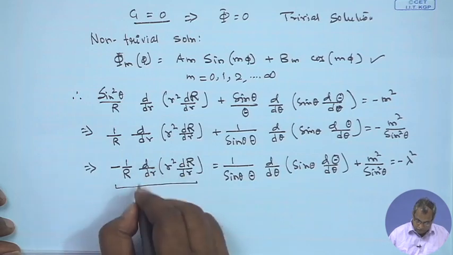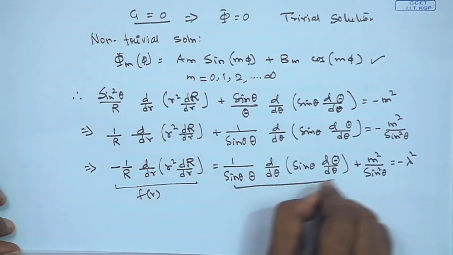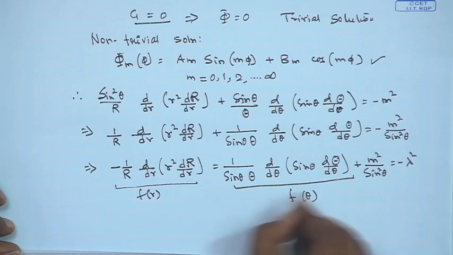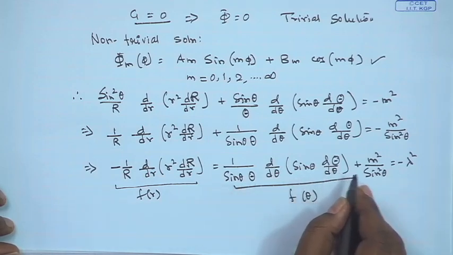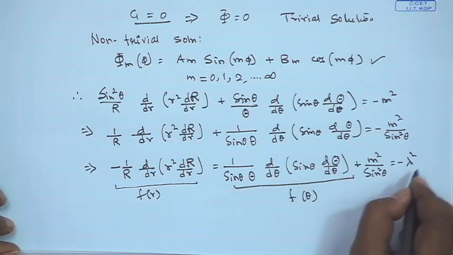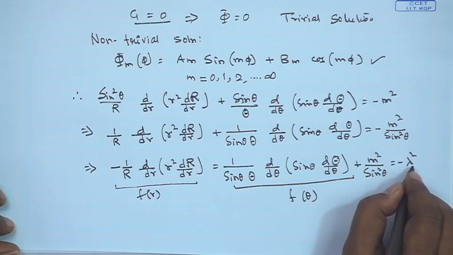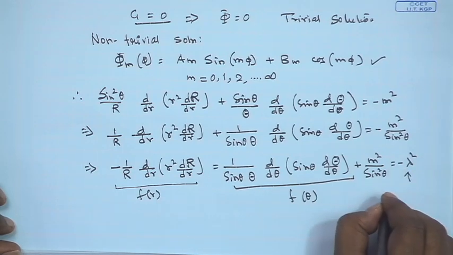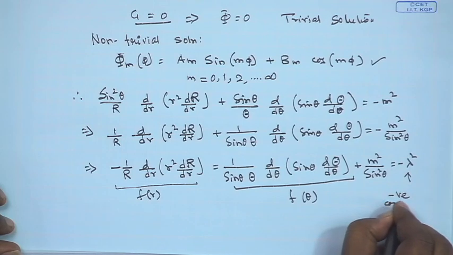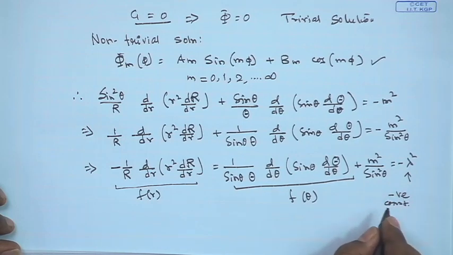This is a function of r only, this is a function of theta only, they are equal and they will be equal to some constant, and that constant may be a new constant, minus lambda squared, and it has to be a negative constant in order to have a non-trivial solution.